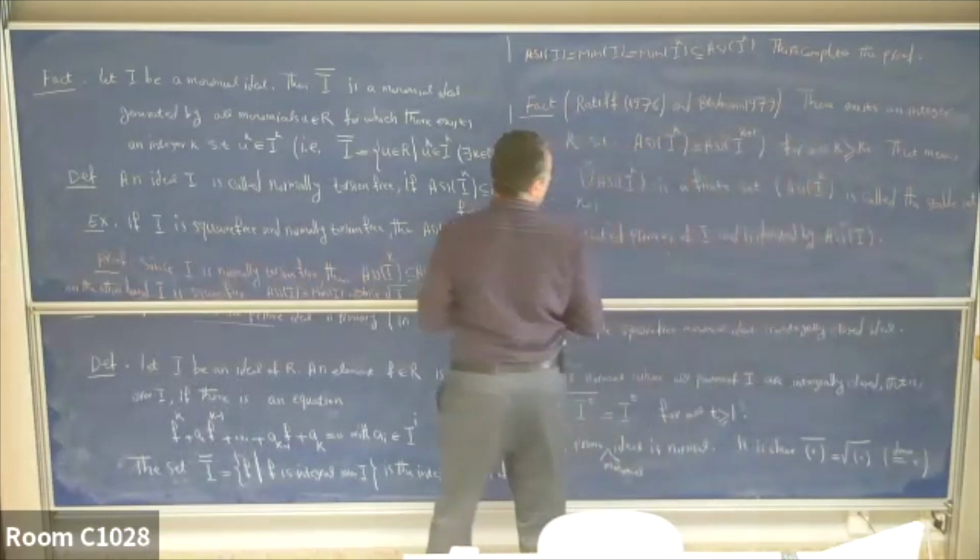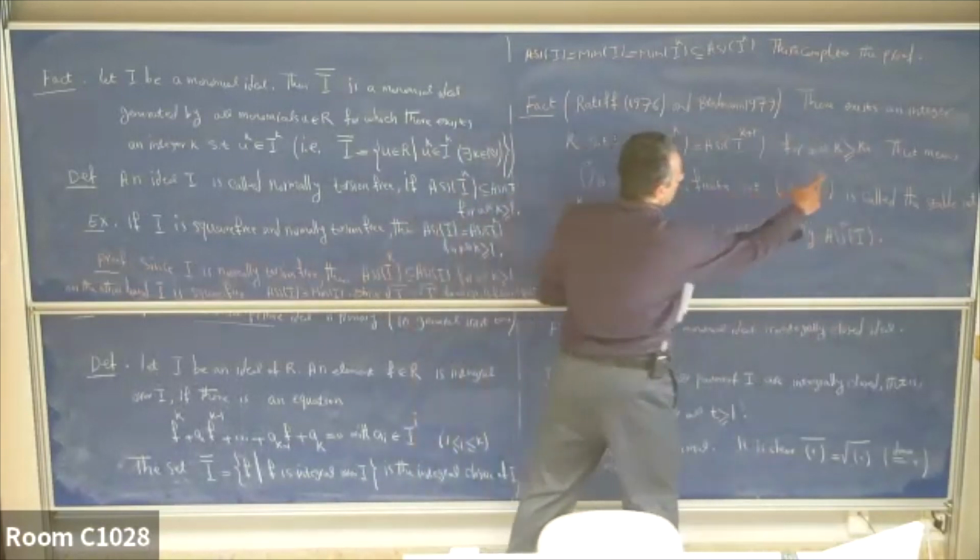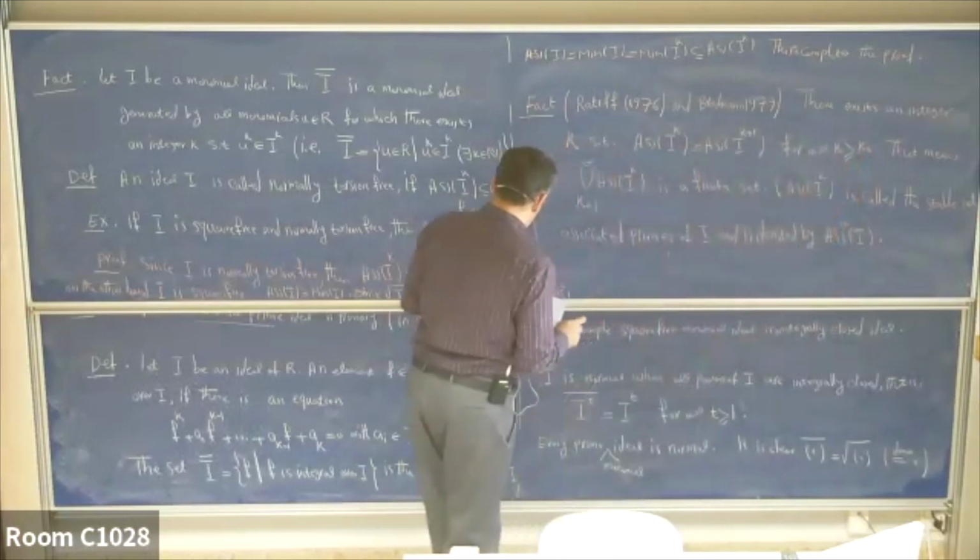And also the number K0 has another name, the smallest.